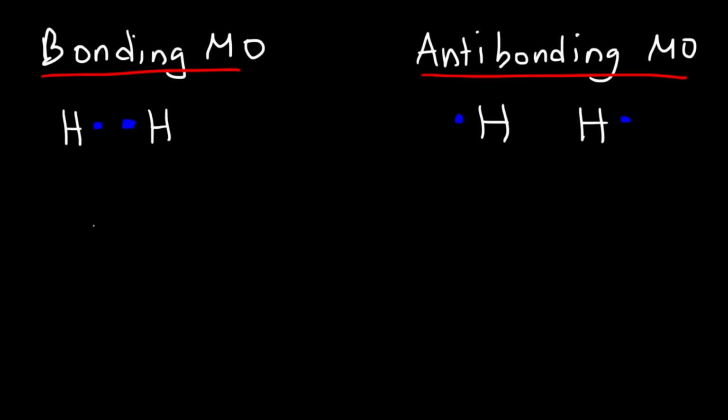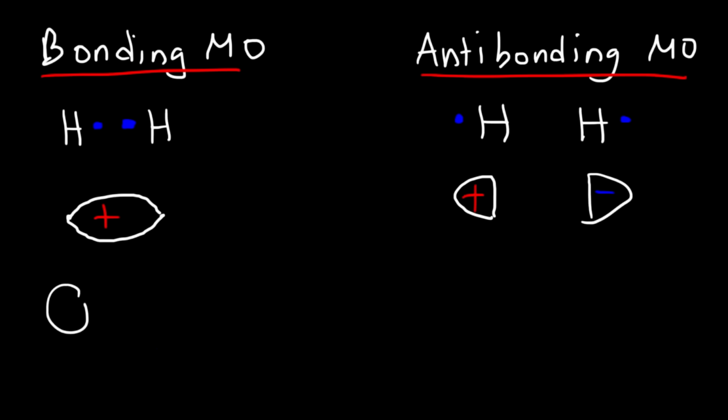Now, the bonding molecular orbital has a wave that looks like this, and the antibonding molecular orbital has a wave that looks like this. So antibonding is associated with destructive interference, and the bonding molecular orbital is associated with constructive interference. Let's say this is the nuclei of the hydrogen atoms.